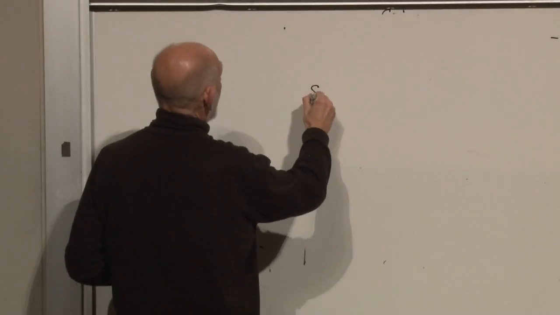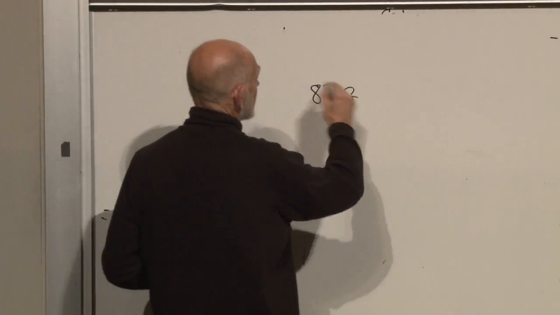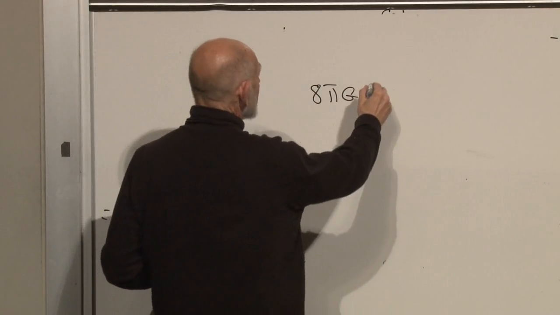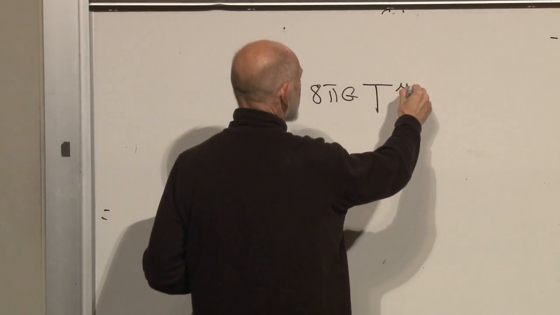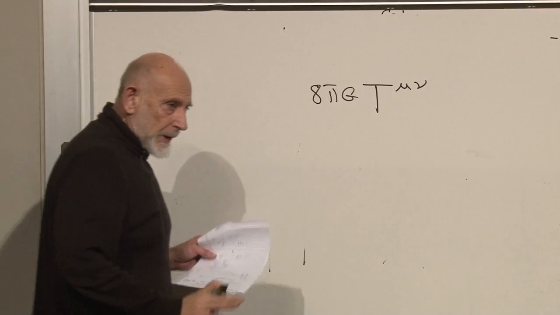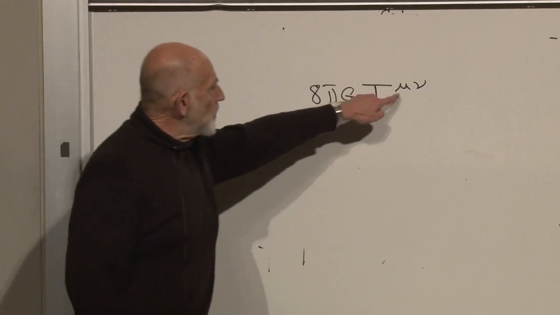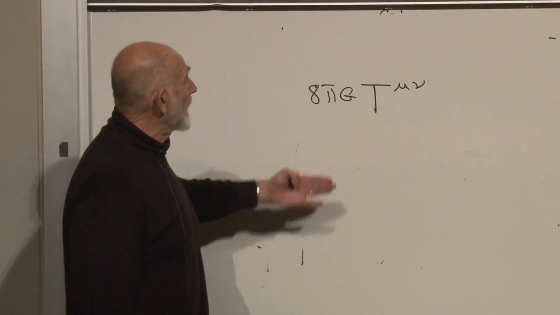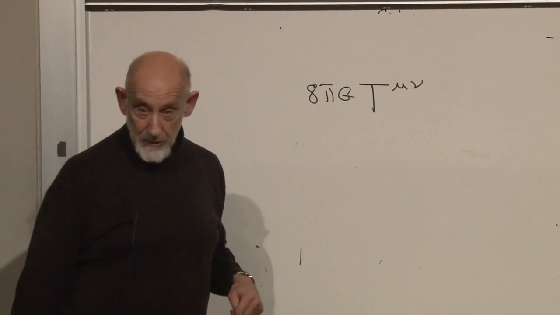The right-hand side must be 8 pi G, same 8 pi G, times T mu nu. A special case being when mu and nu are both equal to time, and then that becomes the energy density.